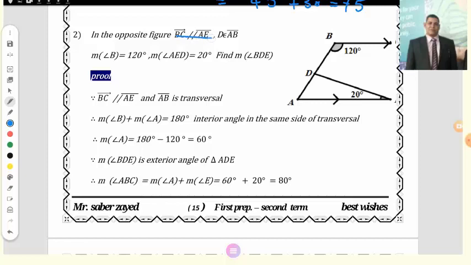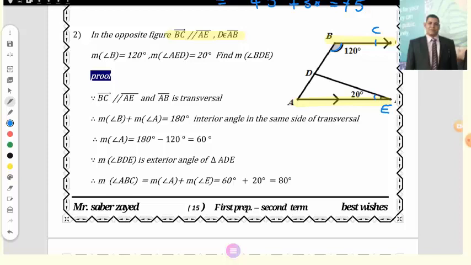Ray BC is parallel to AE, and we have measure of angle B equals 120, measure of angle E equals 20.